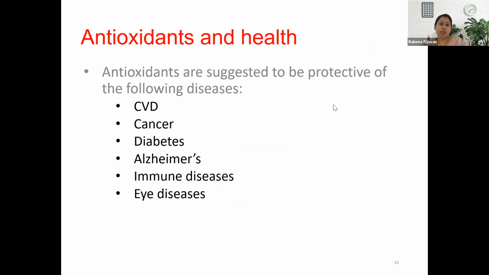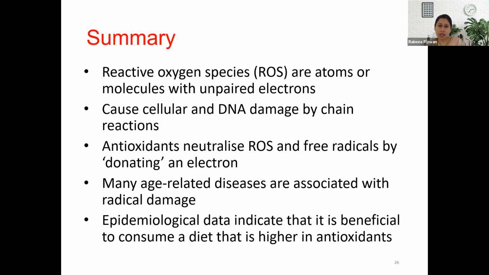So what can antioxidants do to prevent some diseases in our body by fighting the free radicals? Examples are cardiovascular diseases, cancerous growth and cancer inhibition, diabetes, oxidative damage that may cause Alzheimer's disease, some immune diseases, to bring our immunity stronger, and eye diseases like cataract.